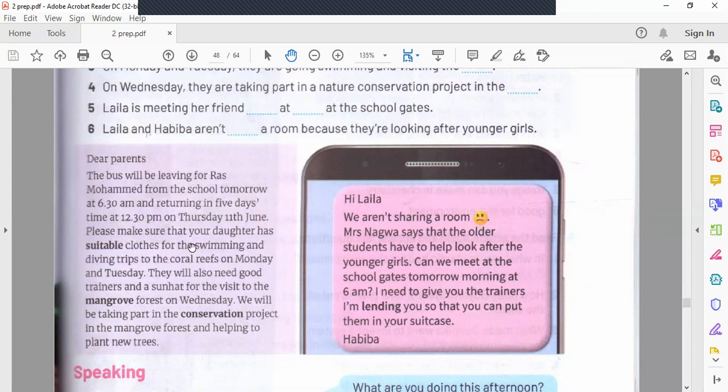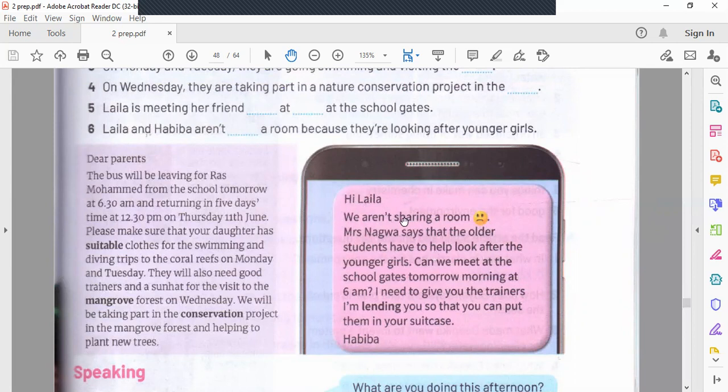Please make sure that your daughter has suitable clothes for the swimming and diving trips to the coral reefs on Monday and Tuesday. She will also need good trainers and a sun hat for the visit to the mangrove forest on Wednesday. We will be taking part in the conservation project in the mangrove forest and helping to plant new trees.